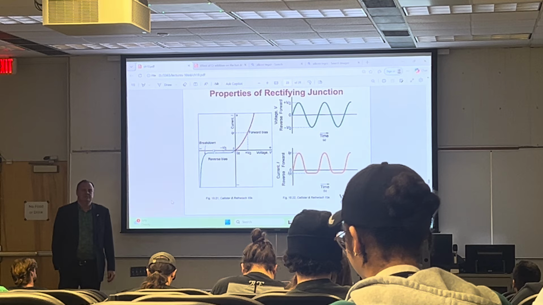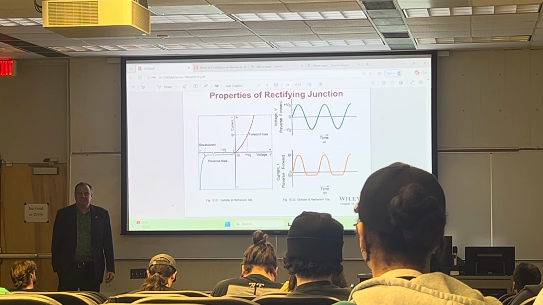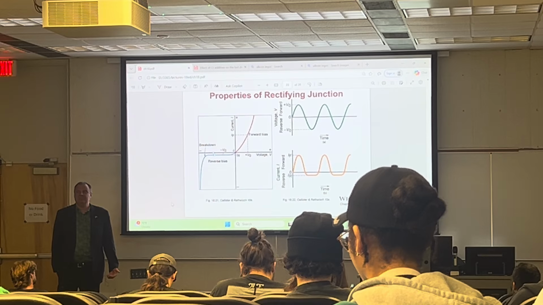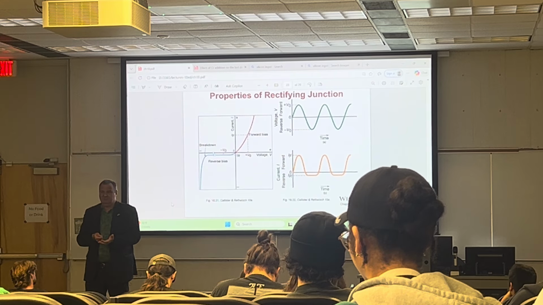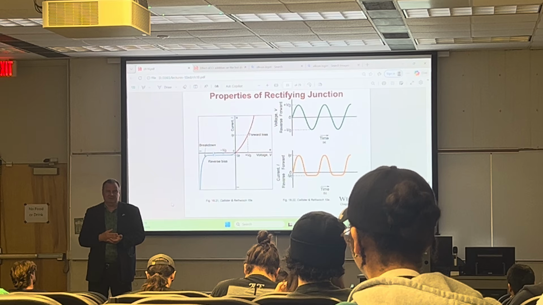So next time we're going to talk about a MOSFET transistor. And a MOSFET transistor is a p-n junction with a switch, meaning that you can have it either conducting or non-conducting.